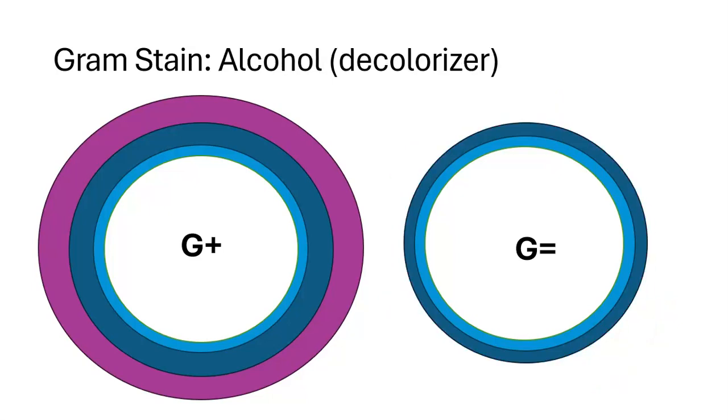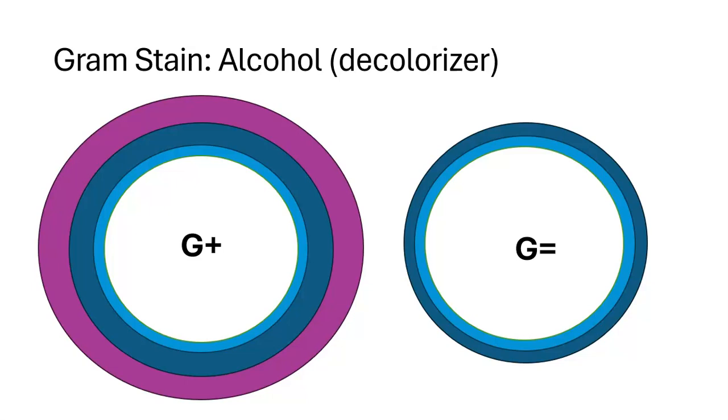The next step is to add an alcohol. This is a decolorizer. Now, if your iodine step has been done properly, your color is not removed from the gram-positive because that mordant forces the crystal violet in deep enough that it doesn't come off.